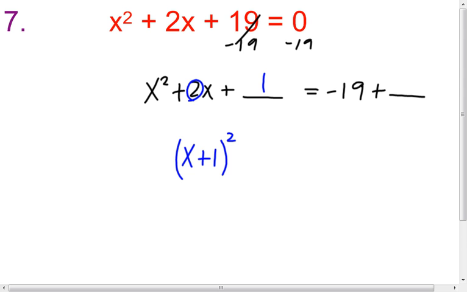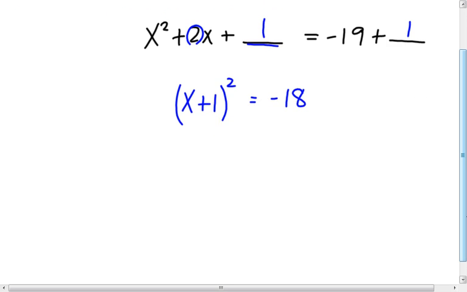And again, if you need to see this, I'm putting in a number here so that I can factor this as x plus 1 times x plus 1, just so you know. Or you can take that shortcut and go right there: x plus 1 squared. If I add 1 right here, I have to add 1 here. And so now I have negative 18 when I add negative 19 plus 1.